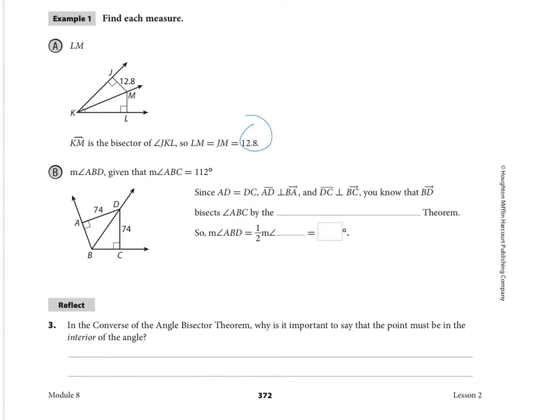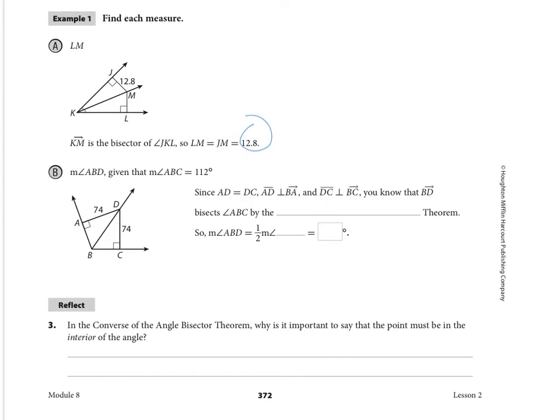For part B, we're told that the distances in the diagram, both 74, are drawn from point D to the sides of the angle at a perpendicular angle, a 90-degree angle. So that means that this ray BD is the angle bisector.